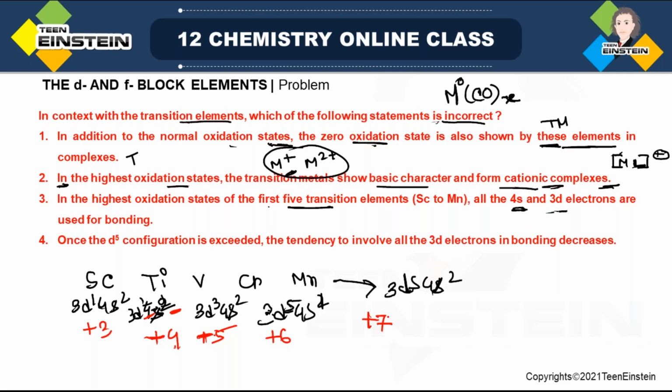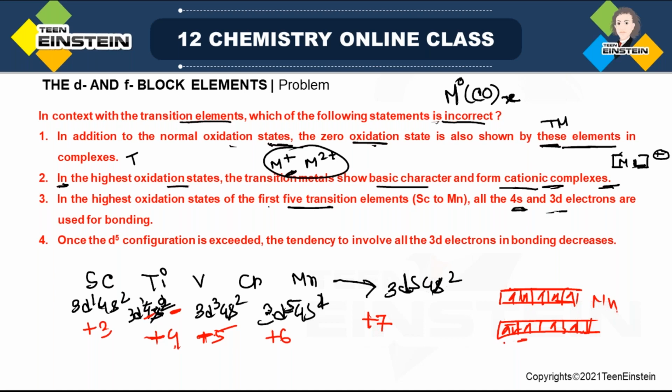And up to manganese there is no pairing occurring, because in the d orbital you can place 5 electrons, and up to Mn there is no pairing, so you don't have to break any pair. Now suddenly after Mn, when you have iron, the extra electron means there will be pairing.